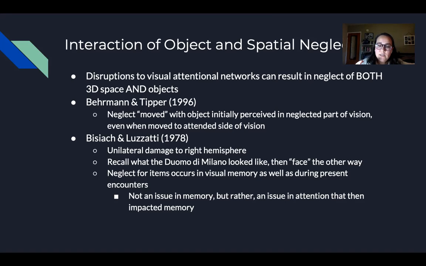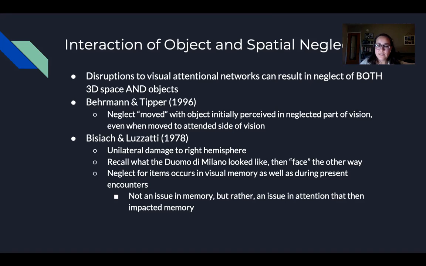And so this study suggests that this neglect for items in visual memory happens when people with this condition are recalling a scene, as well as when they're physically present in that scene as well. And so this goes to show that it wasn't like they were lacking memories of this scene, right? If you piece together what they were imagining, you did get this accurate 360 view of this cathedral.